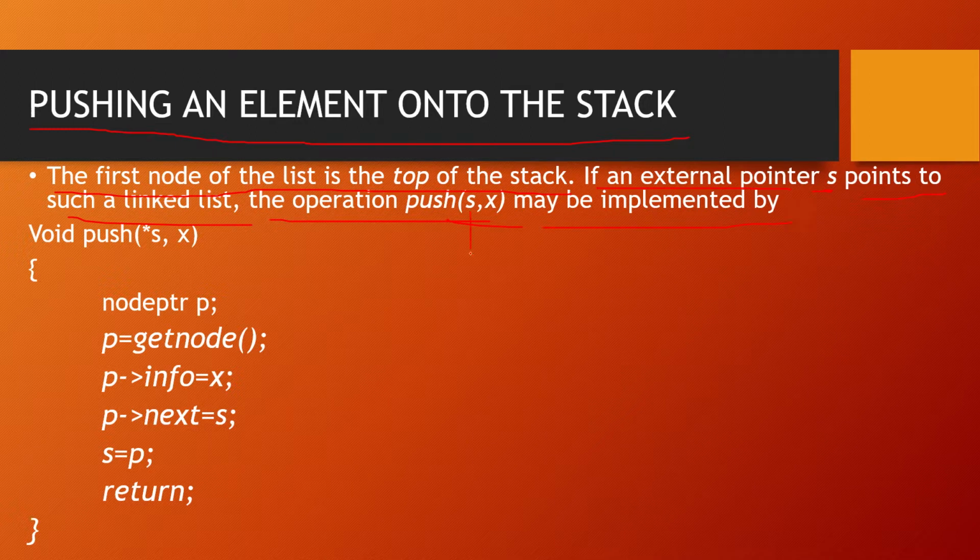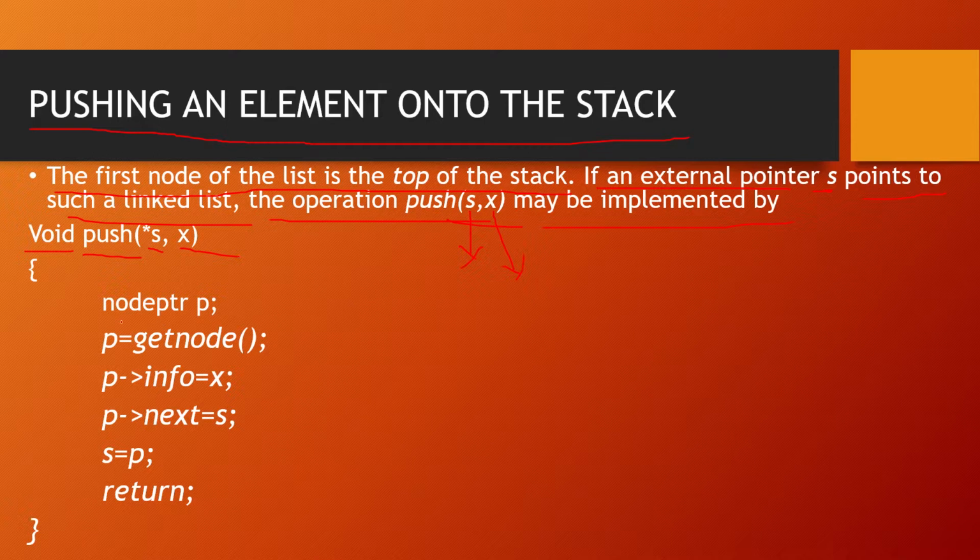Here S is pointing to the top of the stack and X is the element that we want to push onto the stack. So we have a function named push, which does not return any value. We are passing the address of the top of the stack and X is the element that we want to push.